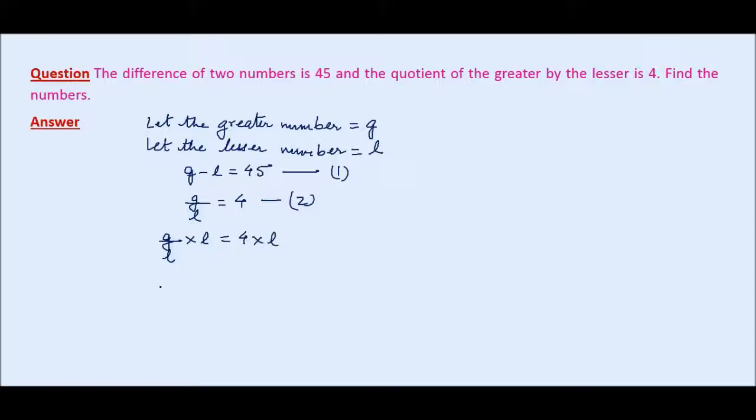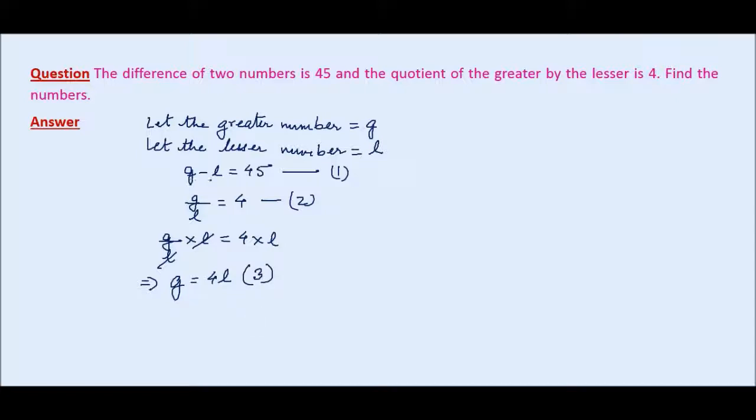We get this thing. Now we can cancel these two and we have G is equal to 4L. This becomes our third equation.